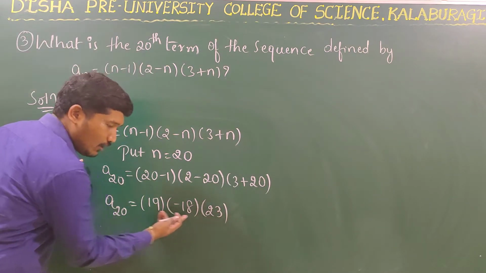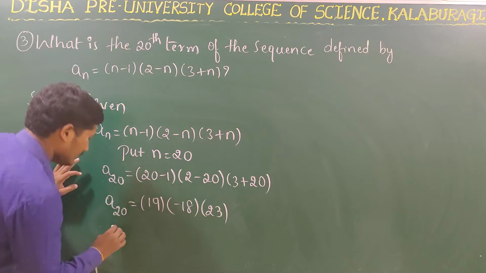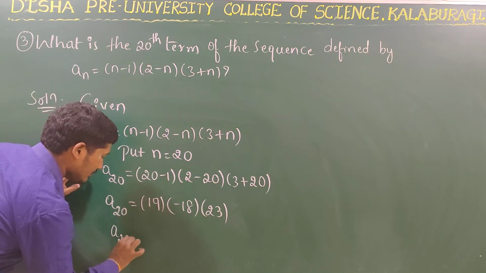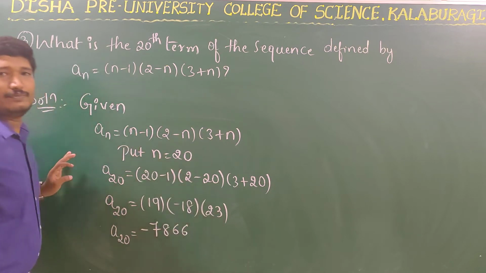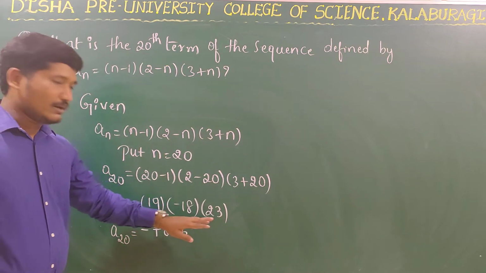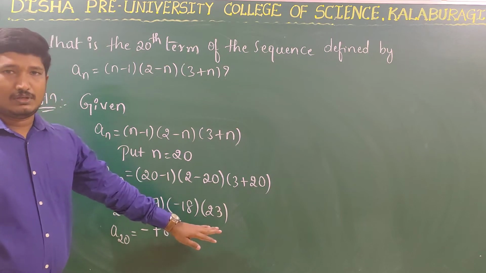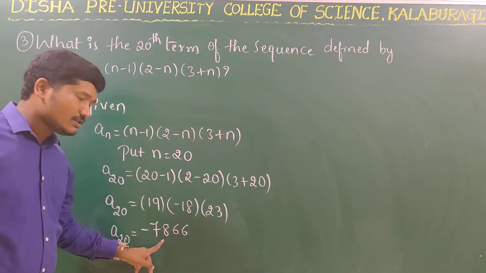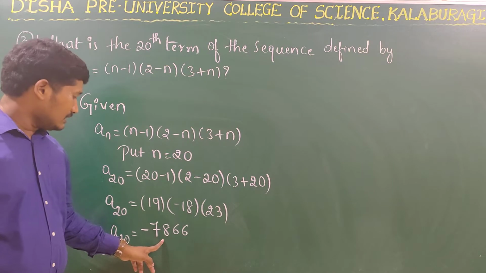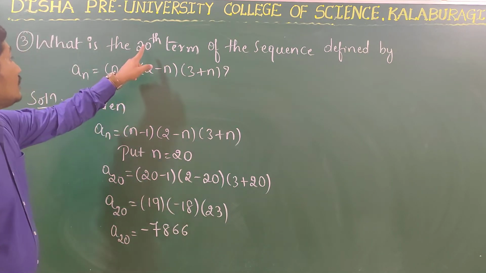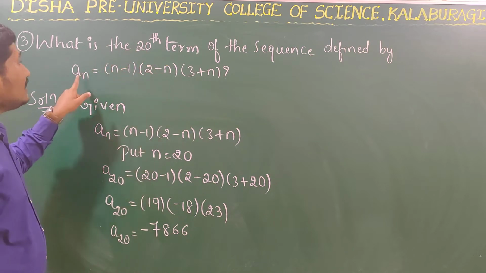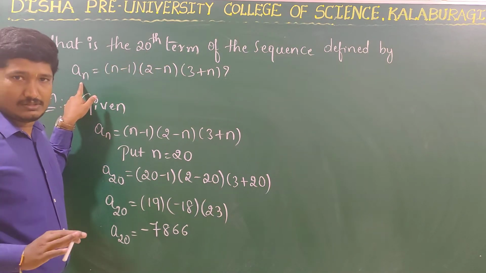When you multiply all these three terms, your answer will be minus 7866. You can calculate this, you can multiply all the terms. When you multiply these three terms, the answer will be minus 7866. So this is the 20th term of the given sequence.